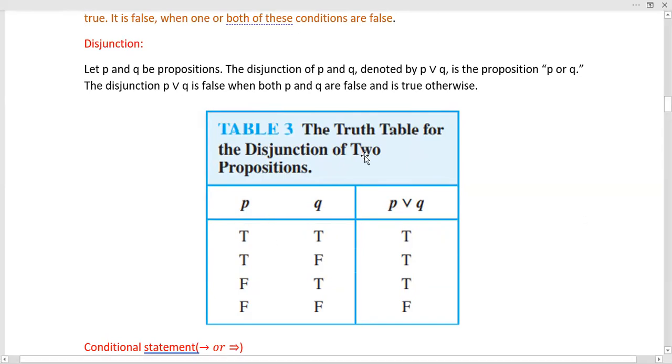This is the truth table of disjunction. There are a total of 4 cases. Only when both P and Q are false is P or Q false. In the other 3 cases, it is true. That is the truth table of disjunction, OR. Do you understand?